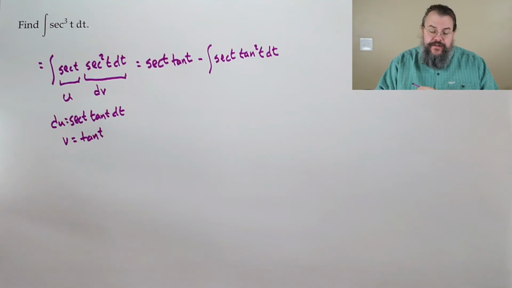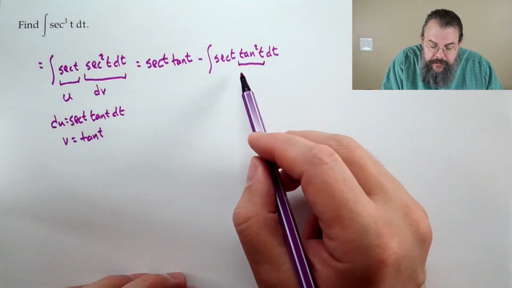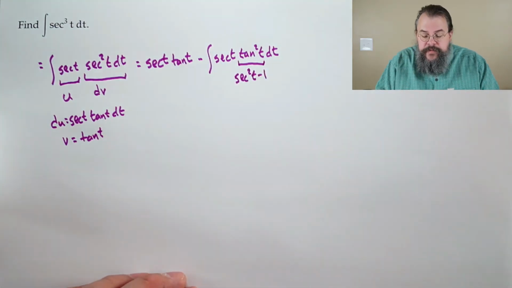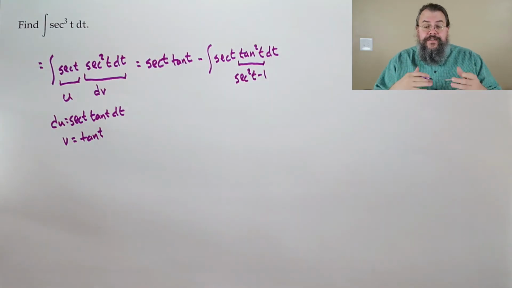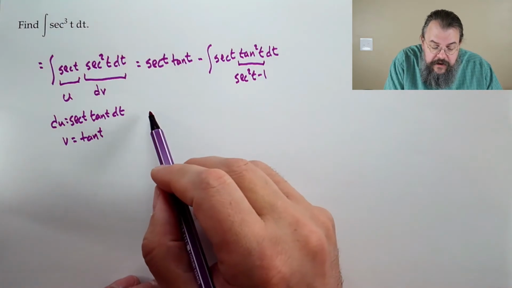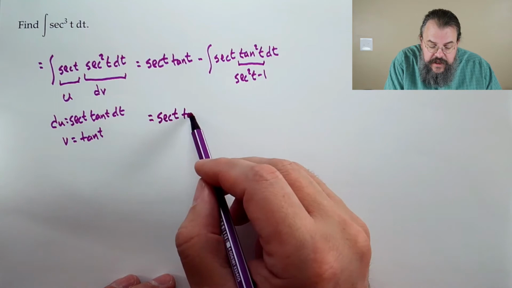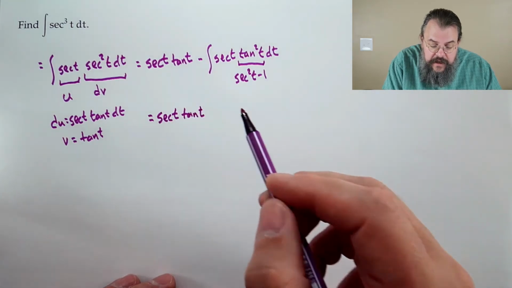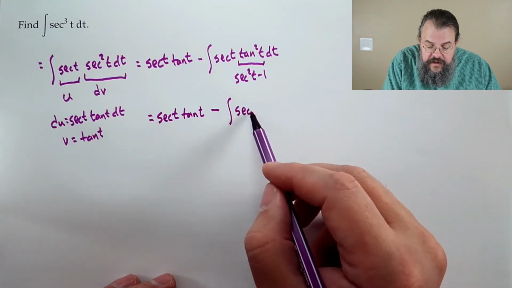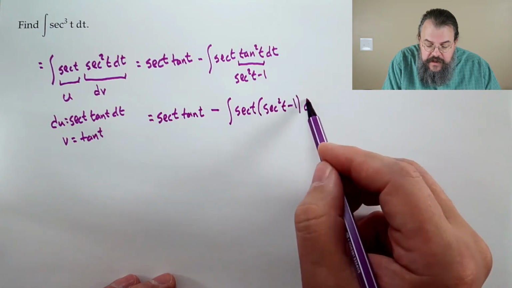Now, tangent squared, it turns out that tangent squared is the same as secant squared minus 1. It's one of our nice identities that connects tangent squared and secant squared together. So we say, all right, great. So we really have secant t, tangent t, and then minus the integral of secant t times secant squared t minus 1 dt.